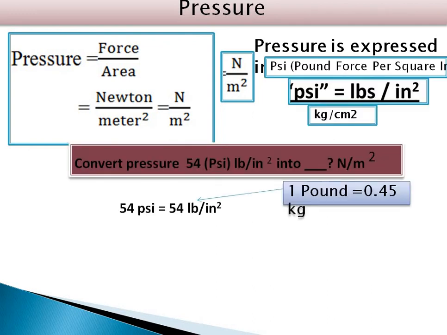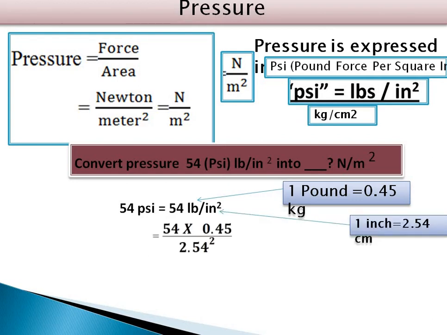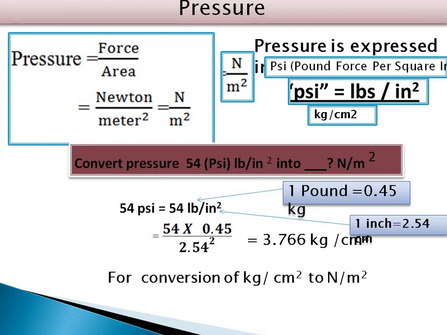So again put lb is equal to 0.45 kg, inch is nothing but 2.54 centimeter. So it is 54 into 0.45 divided by 2.54 bracket square, which is 3.766 kg per centimeter square.